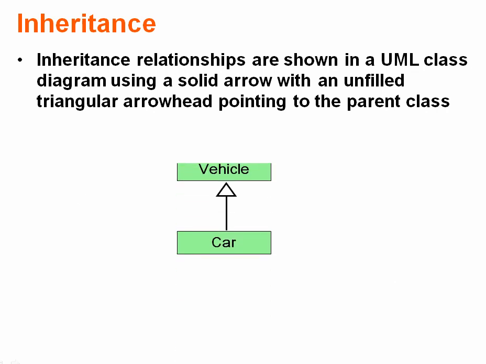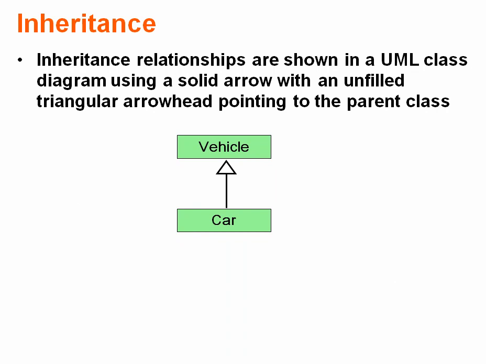We have an example. We have two different classes, vehicle and car. Here one class is a parent class and the second class is a child class. So car is a part of vehicle, and the car can access the properties and behavior of vehicle. Here vehicle is a parent class and car is a child class.